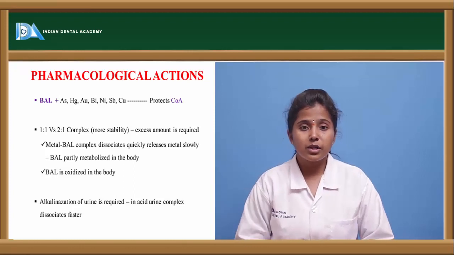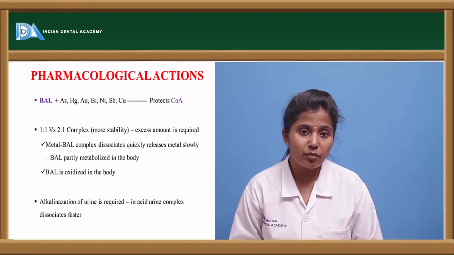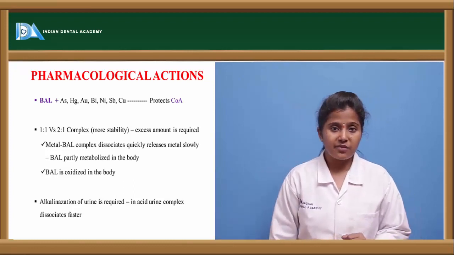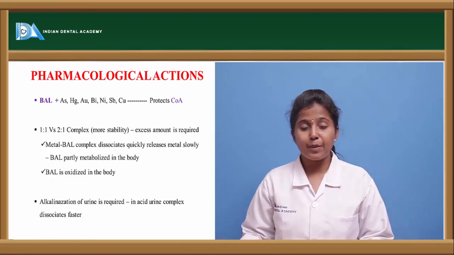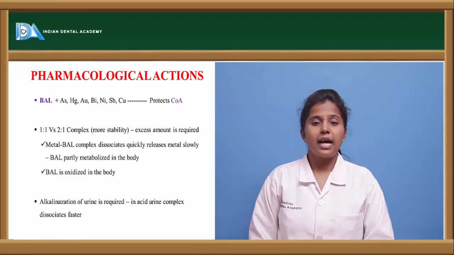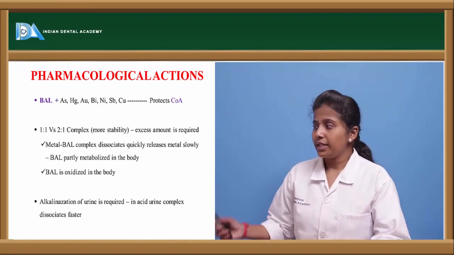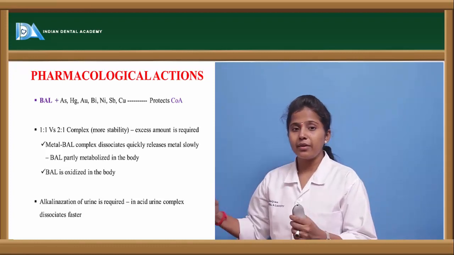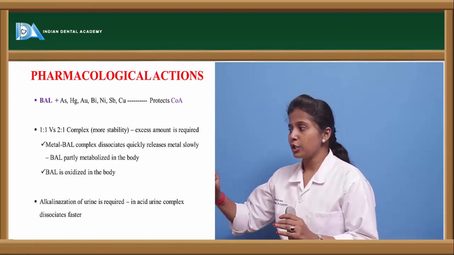So when metabolism is not occurring properly, it causes liver dysfunction. In that condition, this DIMERCAPROL binds to these heavy metals and protects coenzyme A, thereby preventing the fluctuations in the metabolism.